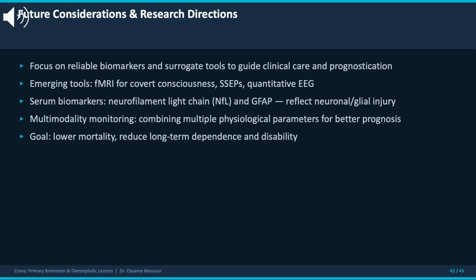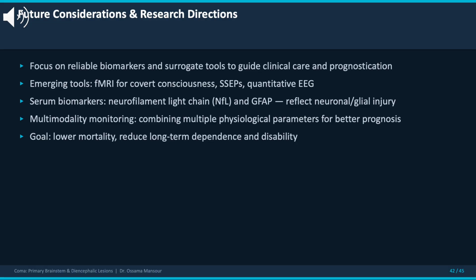Many of these research efforts are dedicated specifically to post-cardiac arrest and severe traumatic brain injury populations, which represent relatively homogeneous populations in which standardized protocols can be implemented and outcomes systematically studied.